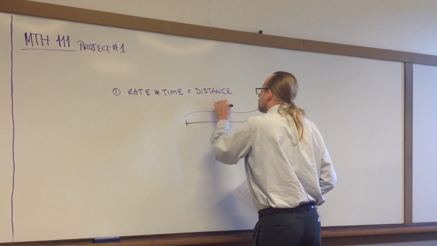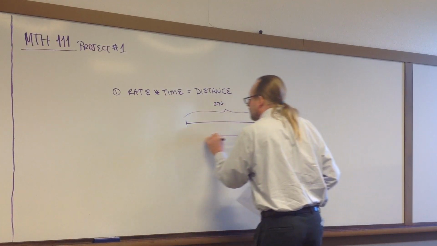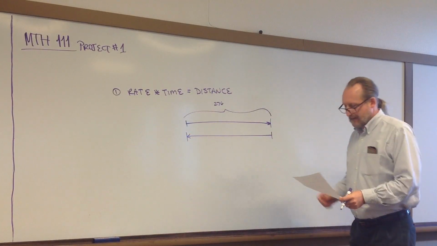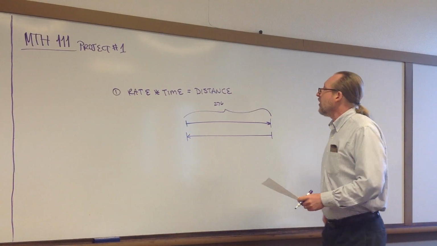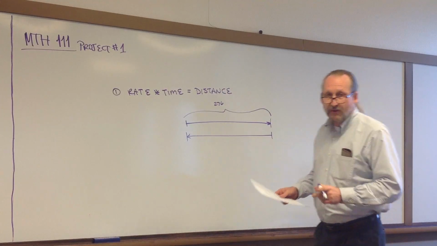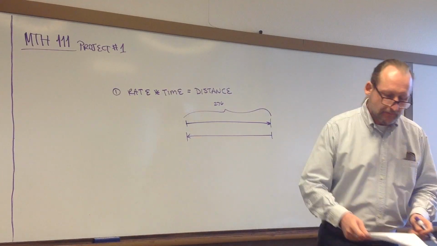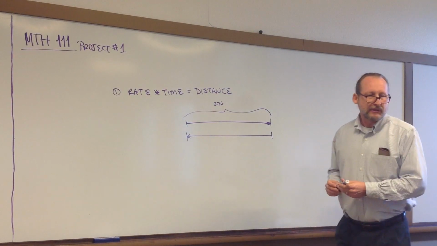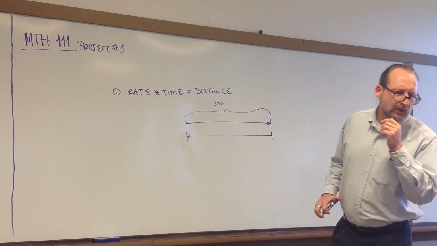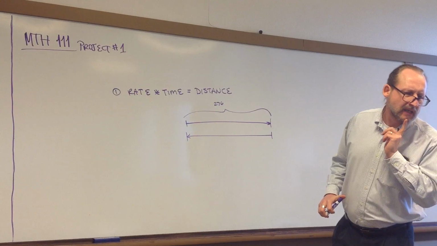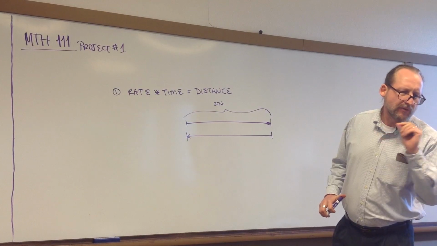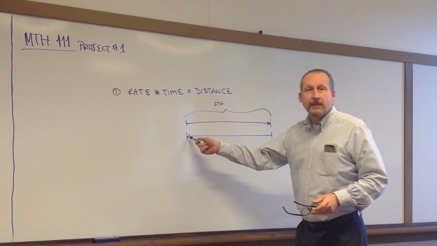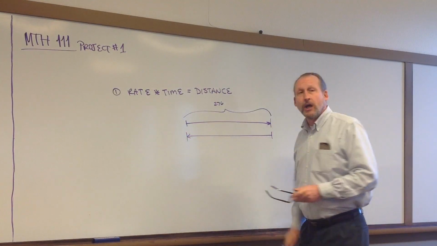So you've got this trip, 276 going, 276 coming back. Okay? The total time is given as 9 hours and 45 minutes. But the speeds, or the rates, are different. Looks like the rate returning was 21 miles per hour faster. Okay? So the returning rate is going to be faster than the rate going.